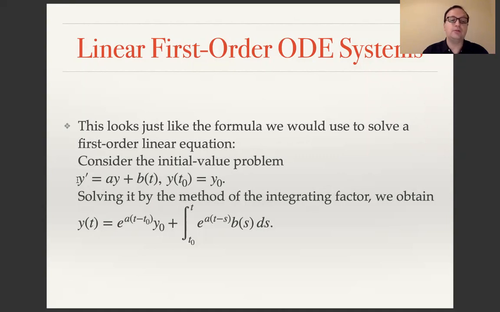So if we look at the equation, y prime is equal to ay plus b with the initial condition y of t0 is equal to y0, where these are now functions, but without any vectors, then the solution is y of t is equal to e raised to the power a times t minus t0 y0 plus the integral from t0 to t of e to the a times t minus s b of s ds. So the formula looks almost exactly the same, except that it involves the usual exponential instead of the matrix exponential.